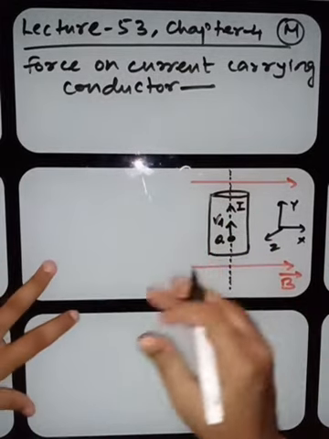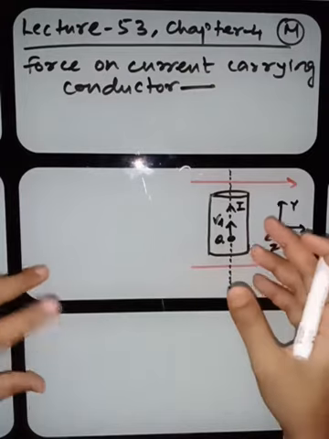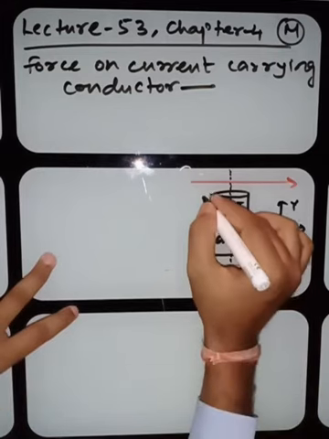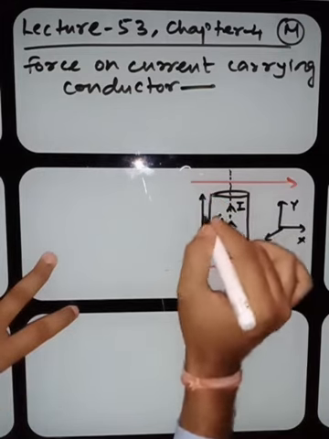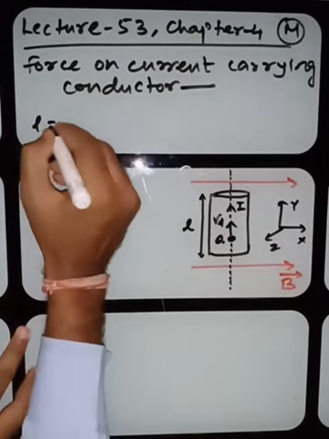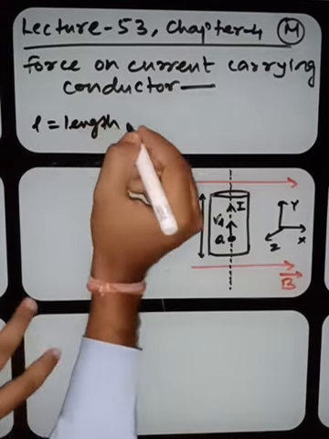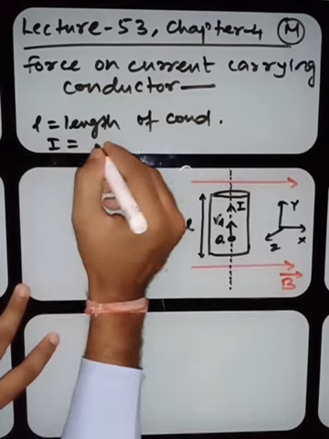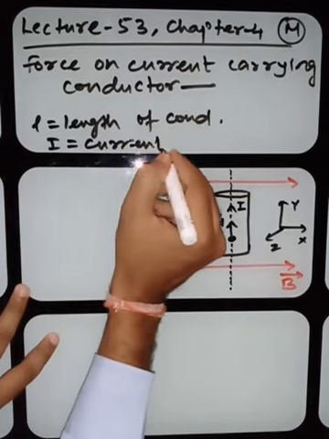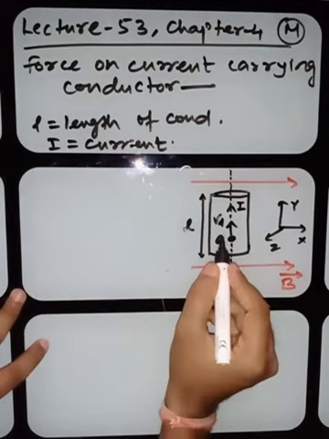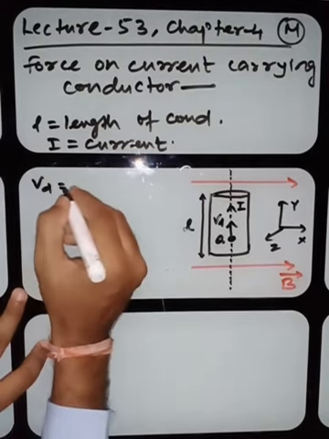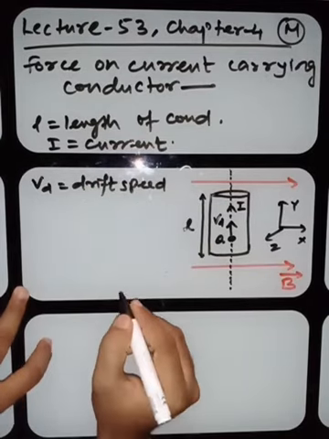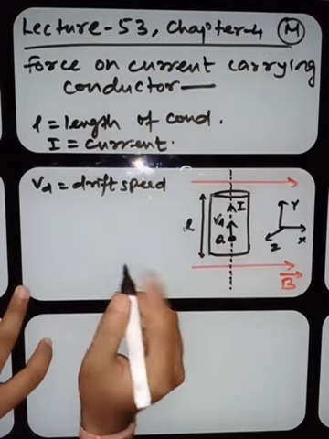These are the factors. Here L is the length of the conductor, I is the current, and Vd is the drift speed. Already we have studied drift speed.